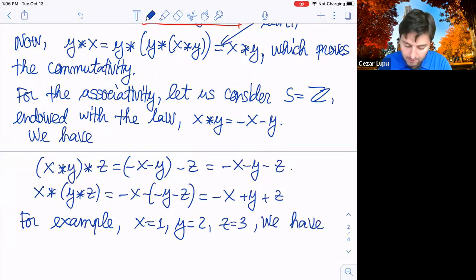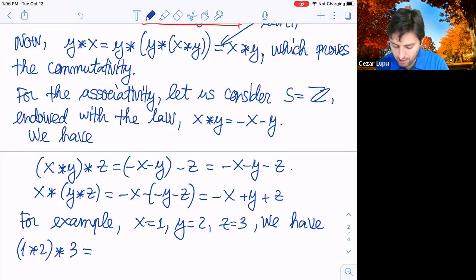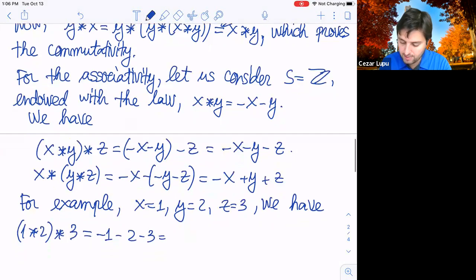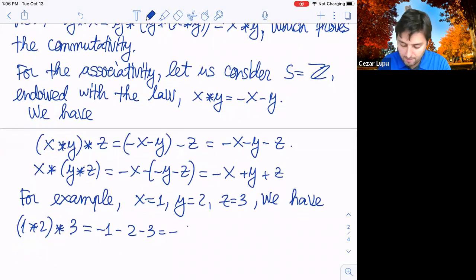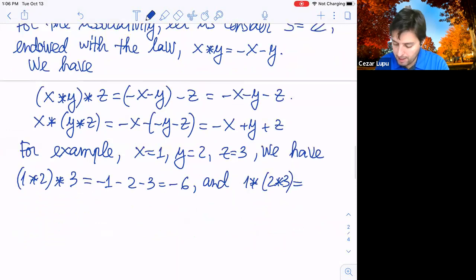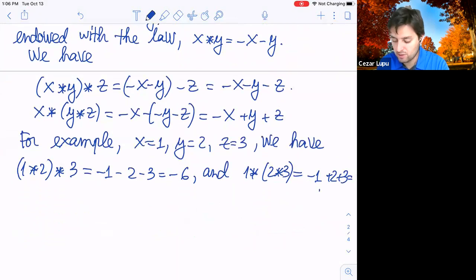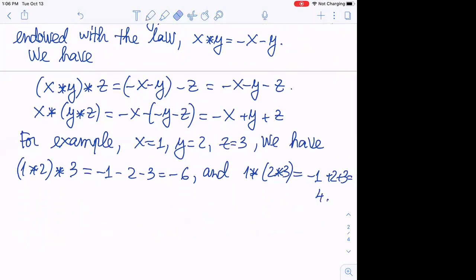This one, 1 star 2 star 3, by our operation will be -1, -2, -3, whatever this is. So this is -6, and the other, 1 star 2 star 3, will be -1 plus 2 plus 3, which is not -6 as far as I'm concerned. This is 4.